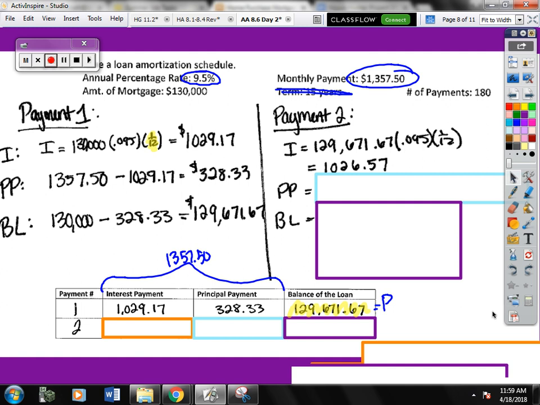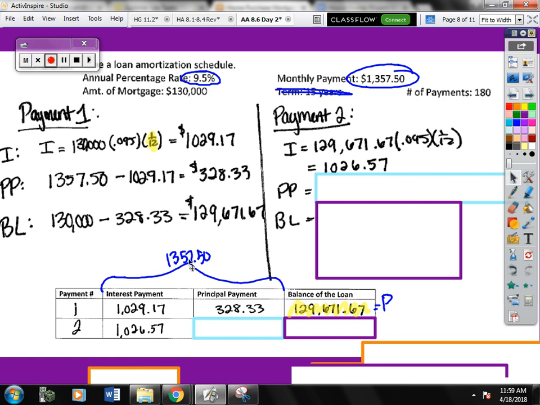It would be a lot easier if we just didn't include cents, but I do. So again, if you were to get something bigger than the last one, you know you did something wrong. So always use your eye to judge that, yes, the interest is decreasing ever so slightly, but the principal should be increasing. How much is going towards principal should be increasing.